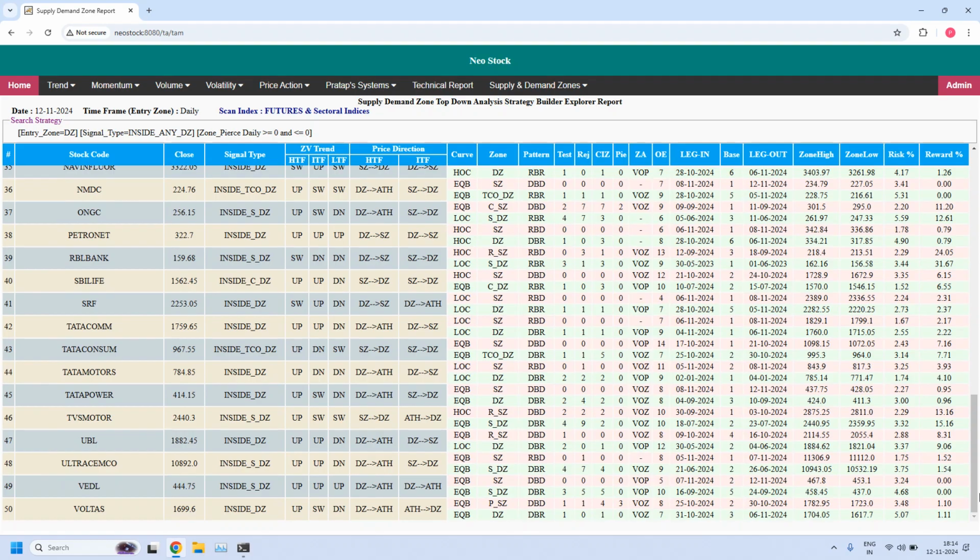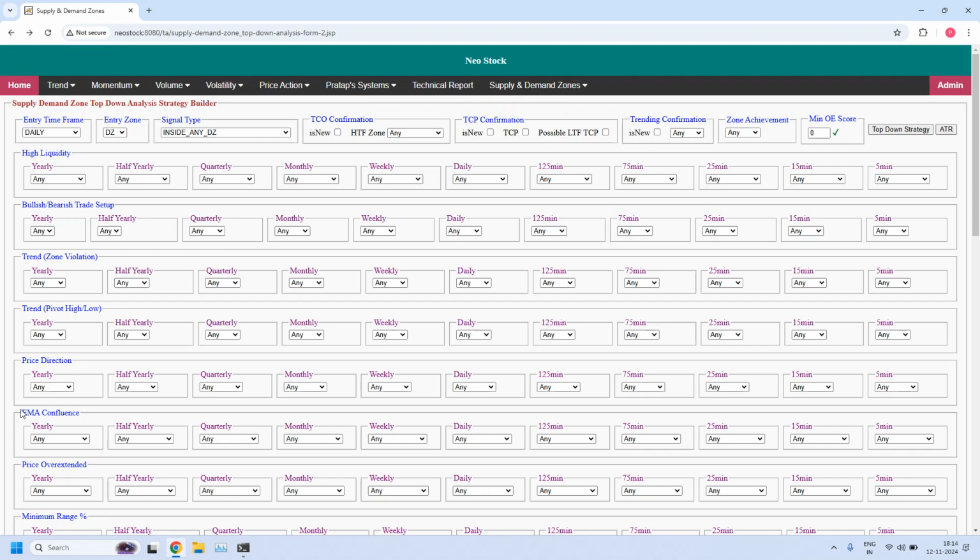And let's verify how many of these stocks have a daily EMA Confluence, and the trend should not be sideways, because in a sideways market EMA Confluence does not add any extra advantage. So EMA Confluence on daily time frame, daily demand zone having daily EMA Confluence, and the trend on daily time frame should not be sideways.